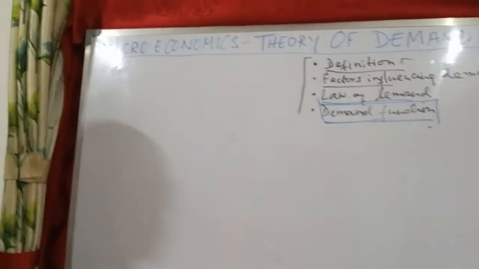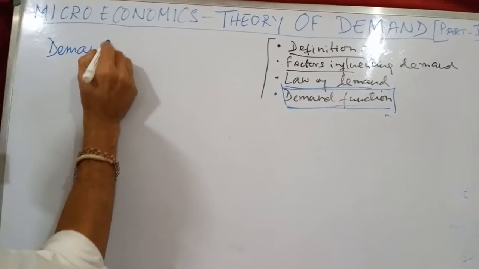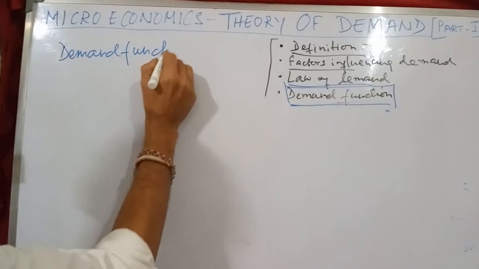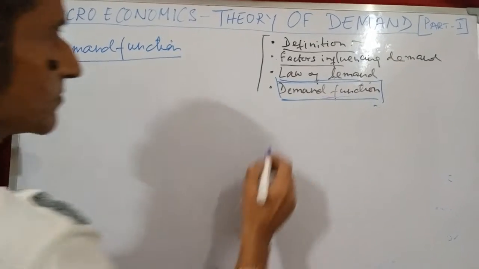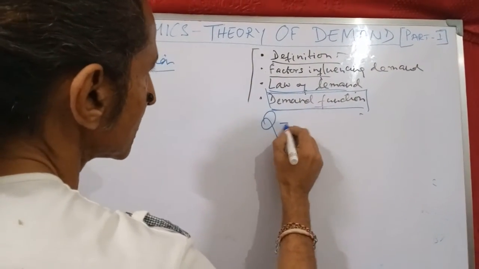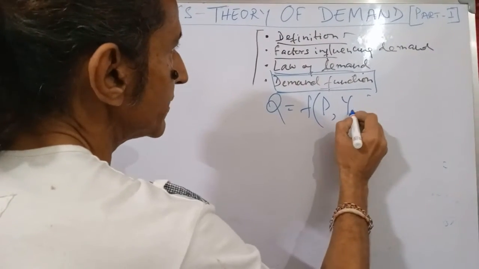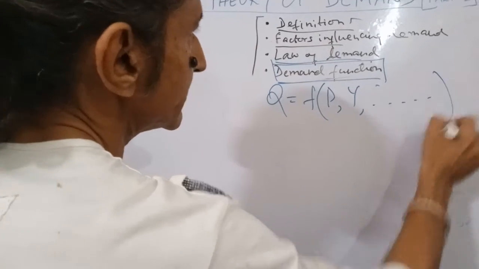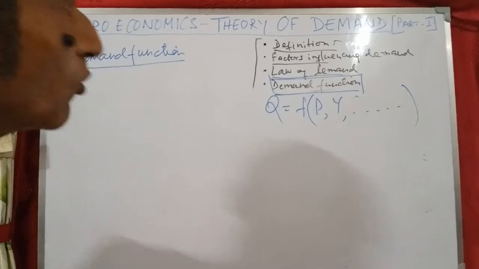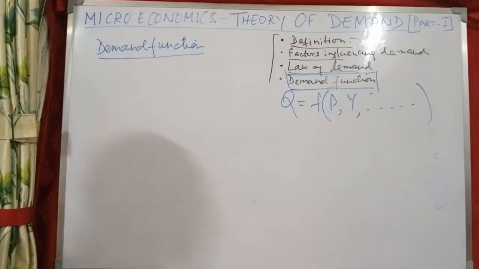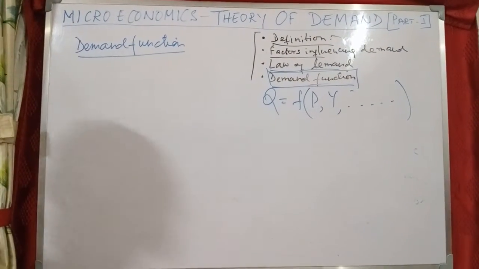Now, demand function. As I have already said, demand, that is quantity demanded, is a function of many things. P is price, Y income, and many other things. And in the law of demand, we are only concerned with the relationship between price and quantity, other things remaining the same.